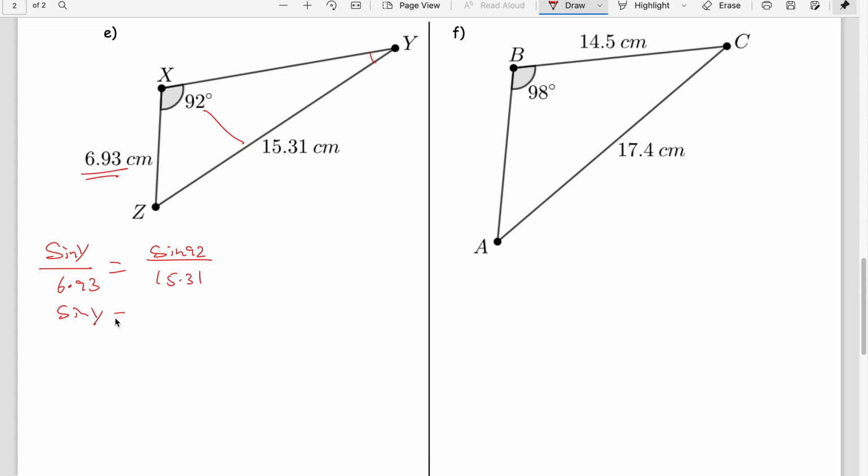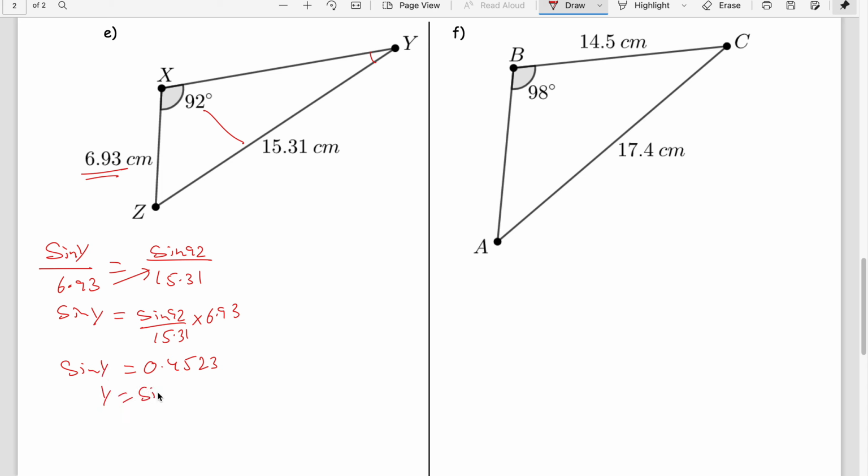So sine y is equals to, cross multiply, sine 92 over 15.31 times 6.93. So let me solve it. Sine 92 over 15.31 times 6.93, and we get 0.4523. So this was sine y.